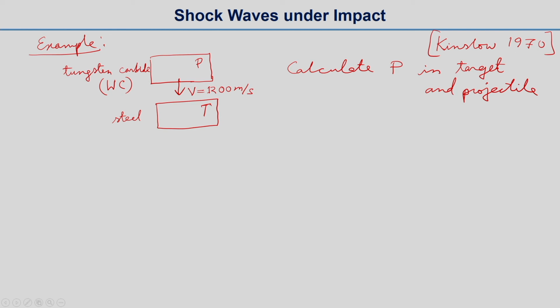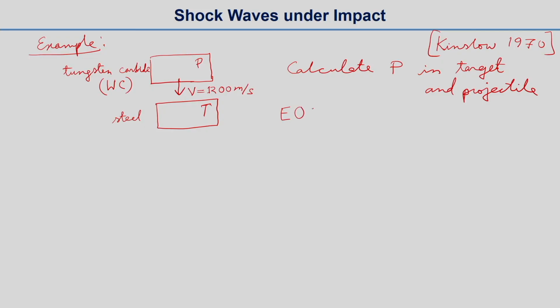So, for that we need the equation of state for these two materials, and also we need the density of these two materials. The density of steel, this rho, I will write rho naught T, T for target, and this will be 7.85 gram per centimeter cube.